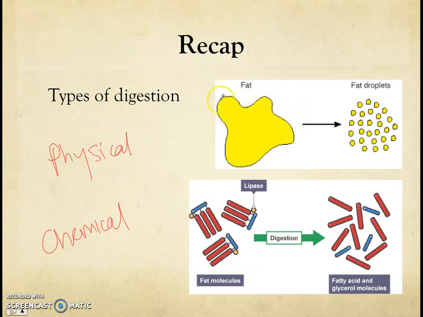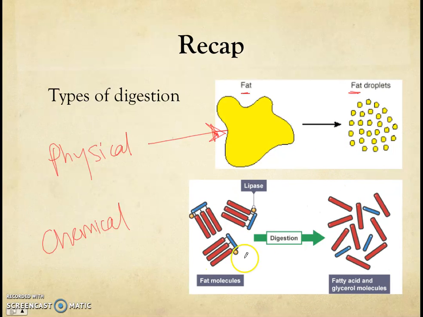What you see is a big piece of fat being broken down into smaller fat droplets. This example is physical digestion, because it is just fat being broken down into smaller pieces of fat. There is no change in substance. Fat and fat. And there are no enzymes involved.